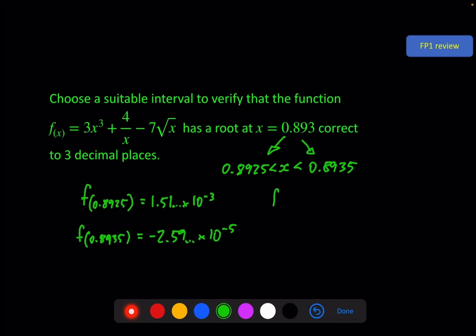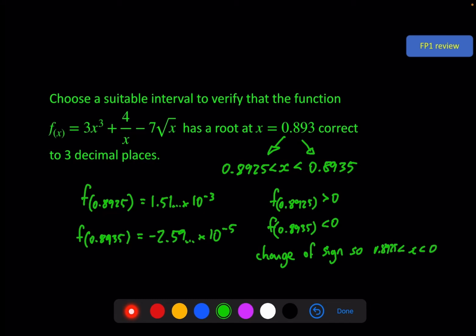So we've shown that the function at 0.8925 is positive, and the function at 0.8935 is negative, so there's a change of sign. So x does indeed lie between these two values, which in turn tells us that x is 0.893 correct to 3 decimal places.